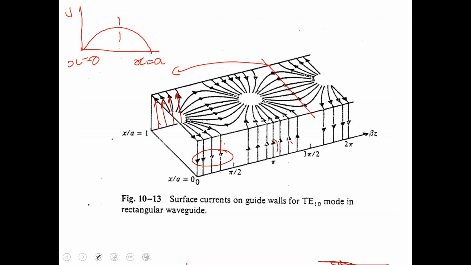And right at the center, the current would be maximum. But the current would be pointing everywhere in plus z or minus z direction, depending upon whether sine beta z is plus 1 or whether it is minus 1. So that's the kind of pattern you see in the current.